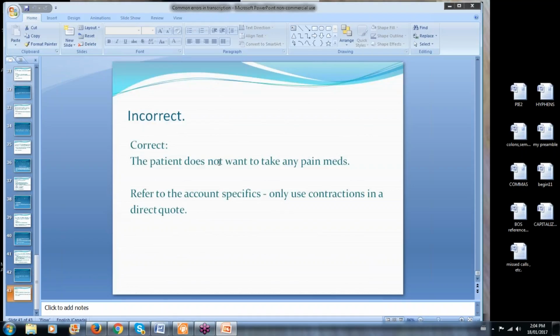The patient does not want to take any pain meds. Refer to the account specifics. Only use contractions in a direct quote. So remember that, everybody. If it isn't a direct quote, always expand that. So don't use the contraction. Doesn't, you have to put does not. So I think everybody got that right.